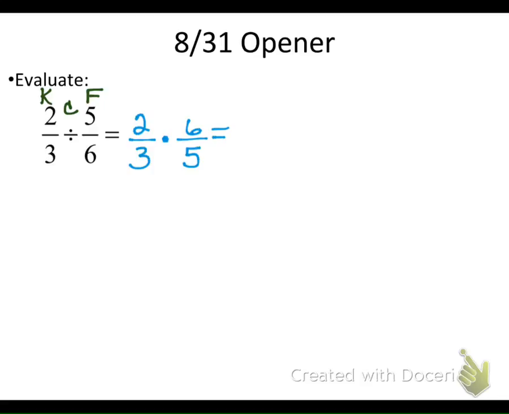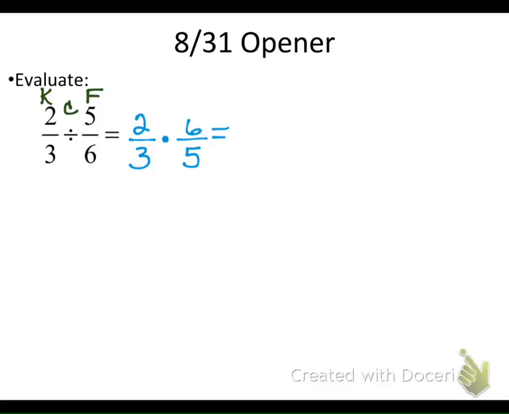So after we keep, flip, change, we're going to see if I can simplify any numerator with any denominator. Isaiah, can I simplify any of these numerators with any of the denominators? Well, let's look. Can I simplify 2 with the 3? What about 2 with the 5? No. What about 6 with the 5?